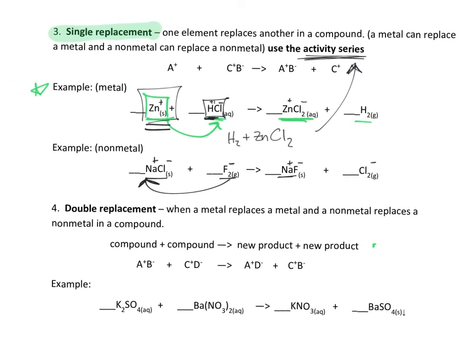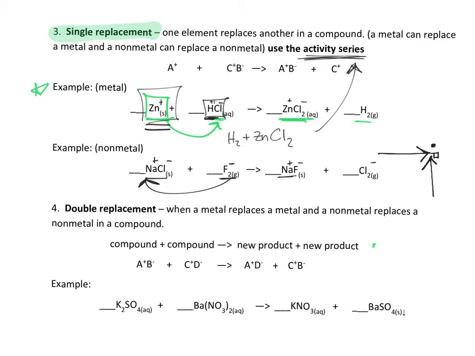Instead, you have to use your periodic trends, where you know that things get more electronegative as you go to the right and more electronegative as you go up. So you'll have to use the periodic trends. And you'll see that fluorine over here at the top of the column is more electronegative than chlorine, which is below it, so it can boot the chlorine out and take the sodium from it.